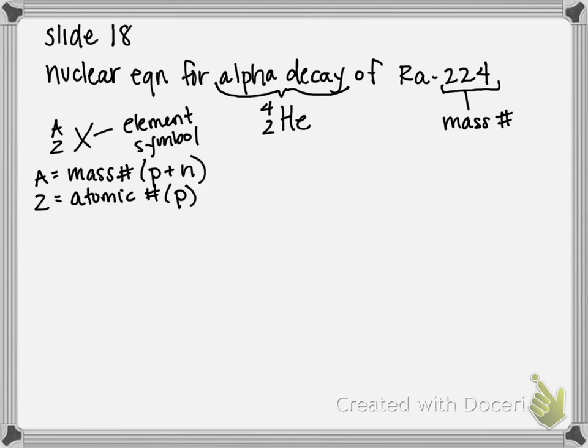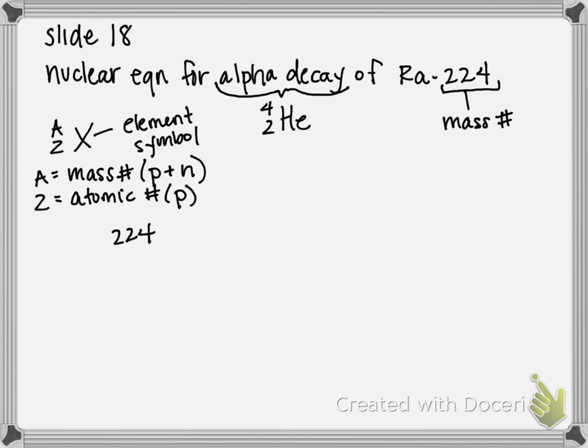So the first step for figuring out this reaction is to write the element symbol of our reactant. That's our radium-224. So it's going to be 224 on top.